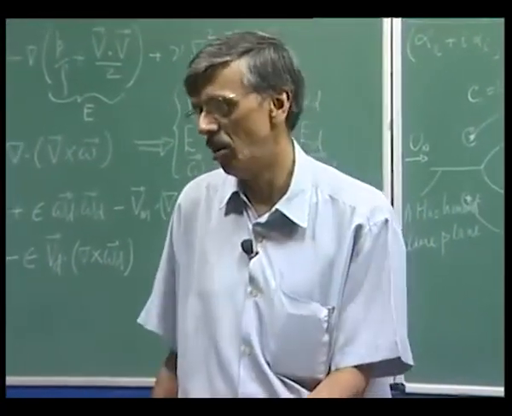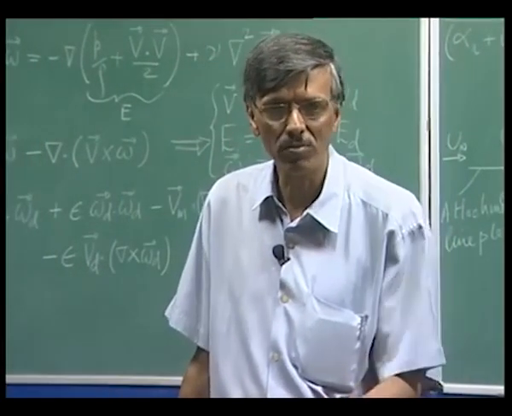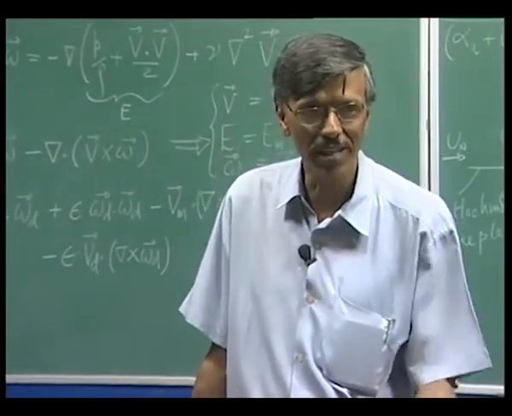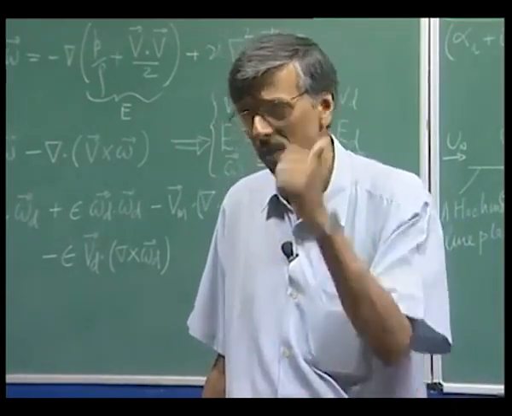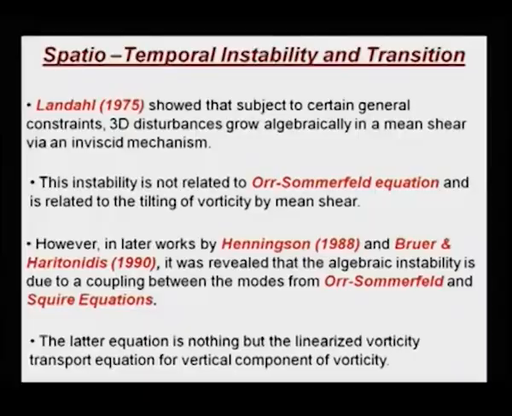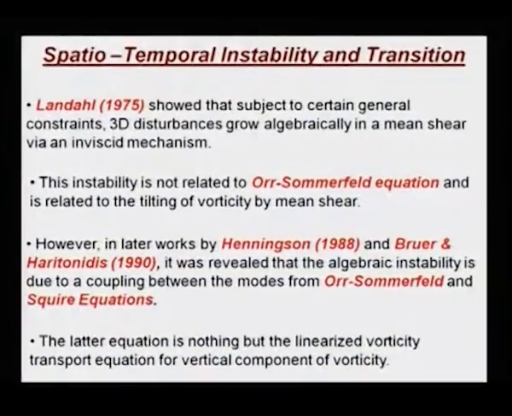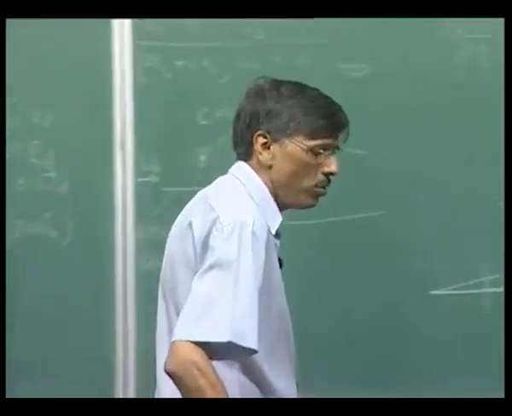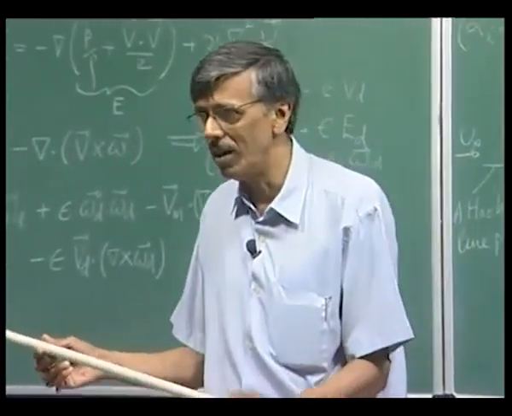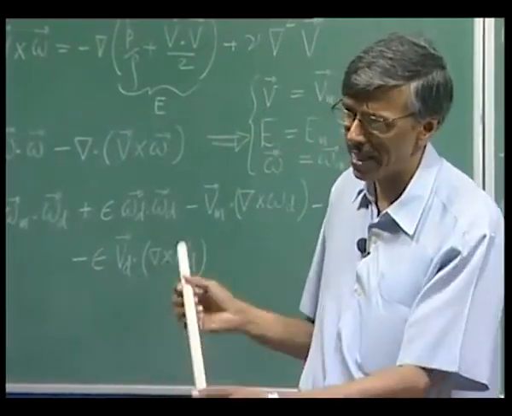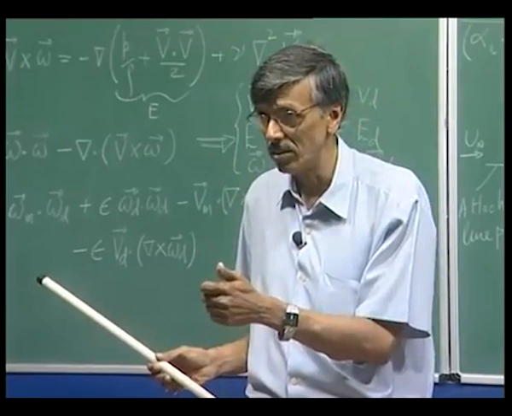You know, the Orr-Sommerfeld equation itself is an equation for the vorticity, a linearized vorticity transport equation. But if you look at the vertical velocity component, then the vertical component of vorticity, the corresponding equation is called the Squire equation. So, you may have an Orr-Sommerfeld mode in the xy plane, and then you can look at the vorticity in the y direction, right?